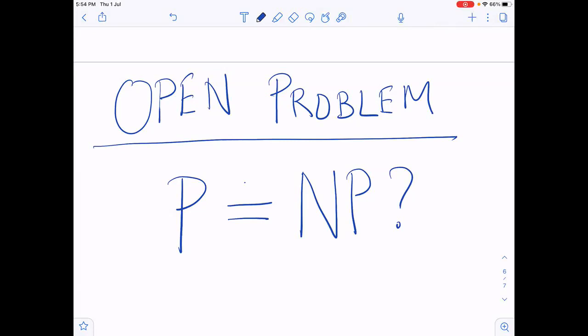There are many definitions, different ways of writing and expressing it. That is why this class of NP and P is so robust, that you can define them in multiple different ways.